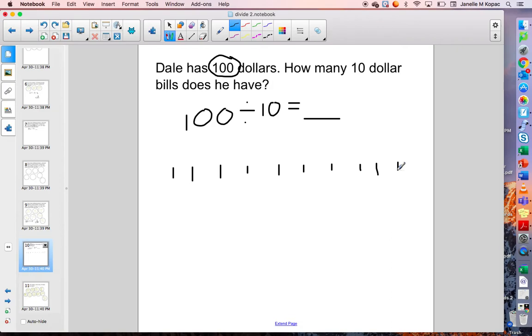How many groups of 10 are in 100? Or if you wanted to make an equal groups picture, you could certainly make 10 groups and split 100. So pause the video and write your answer down.